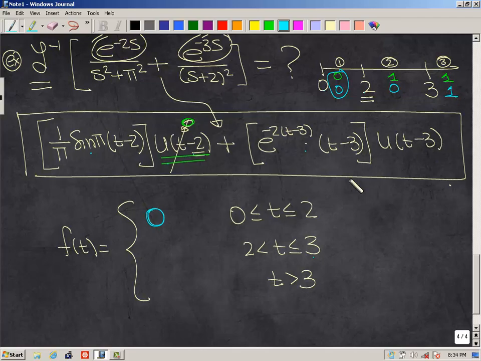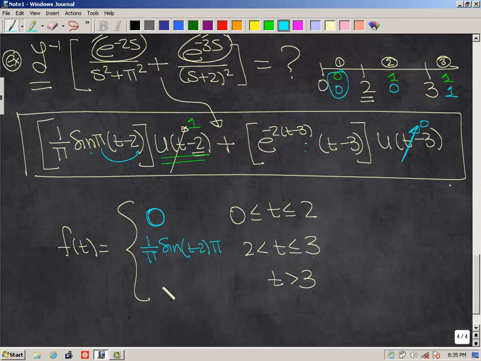So let's see what happens between 2 and 3. This green function is 1, and this blue function is 0, so this is gone. You're left with 1 over pi sine of pi (t minus 2). I'm just writing the pi at the end.